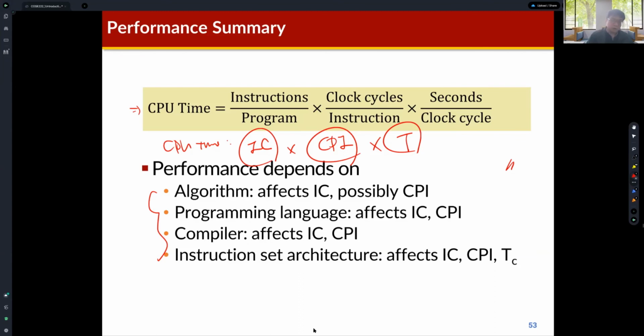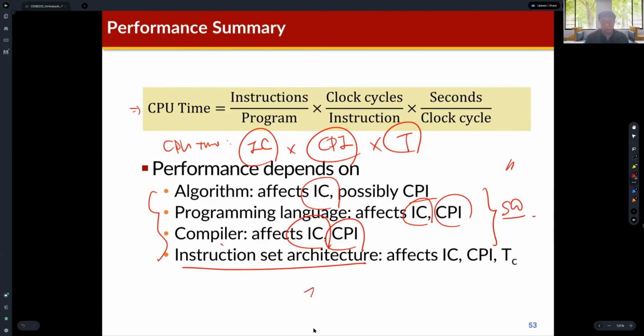For example, the algorithm influences instruction count or CPI because the instruction frequencies can be different. And programming languages such as C and Python influence instruction count and CPI, as does the compiler. These are actually the software part. The instruction set architecture, ISA, like x86 or ARM, influences IC, CPI, and T.